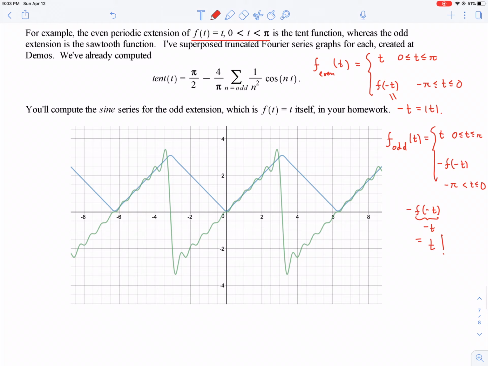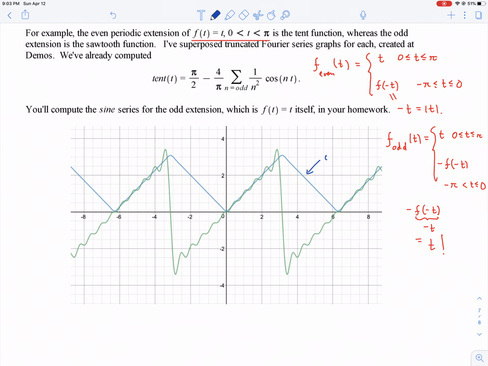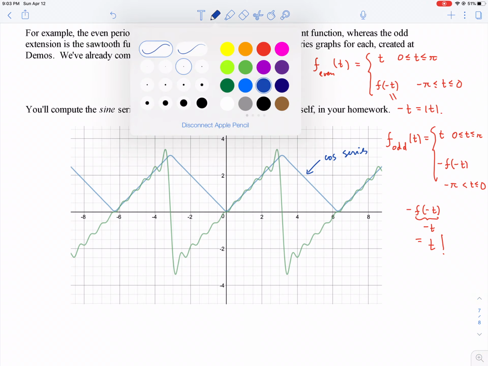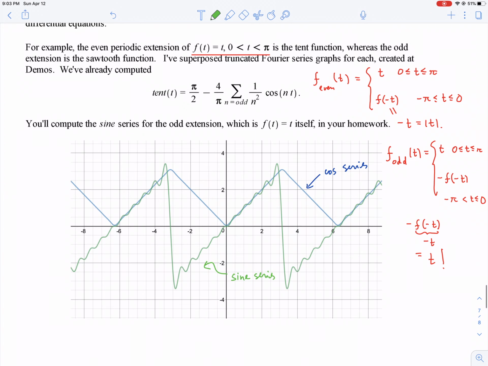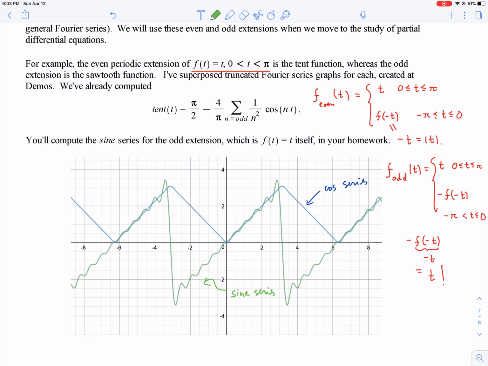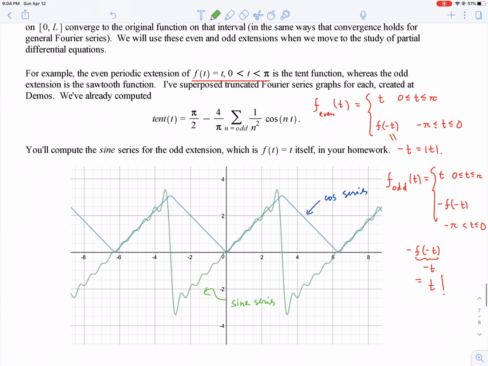Anyway, what's cool is that for the even extension, you get a cosine series. For the odd extension, you get a sine series. And on the original interval, from 0 to pi, they each converge to the original function.